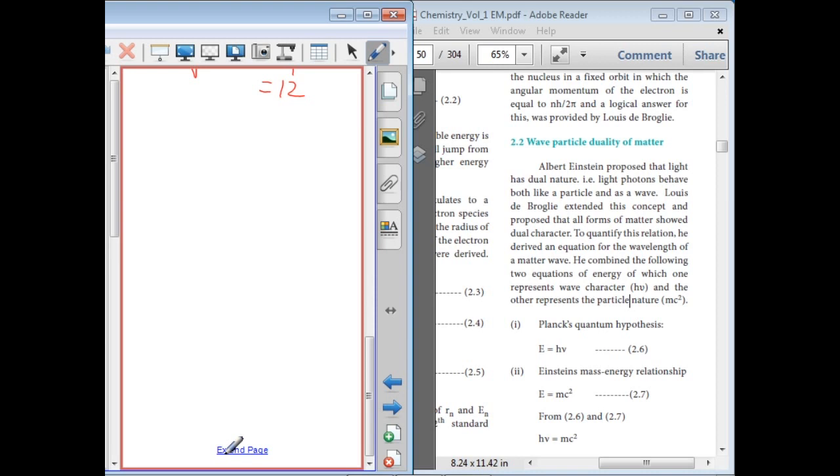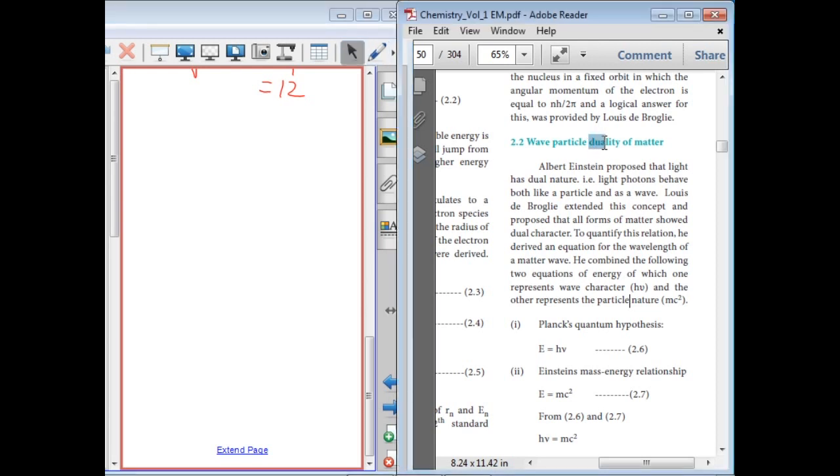Next we are going to enter the lesson. The new topic, wave particle duality of nature. What is duality? Duality means two. So matter has a dual nature. Dual nature means both wave nature and particle nature.